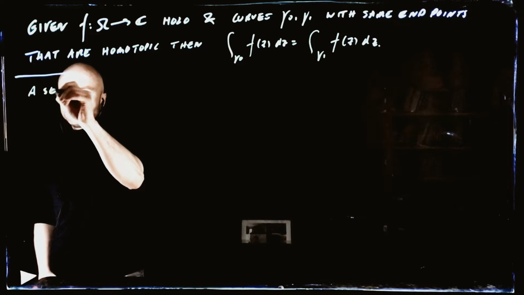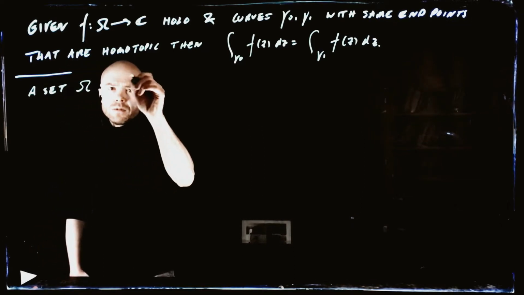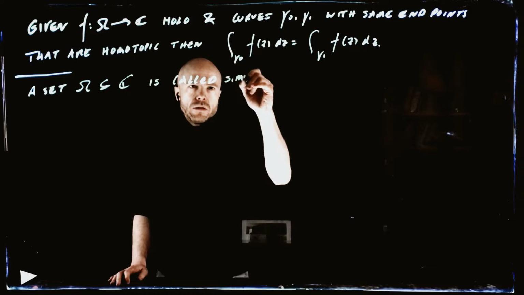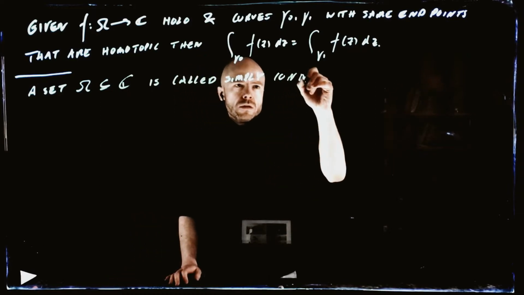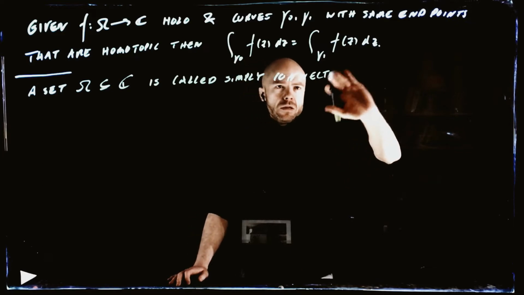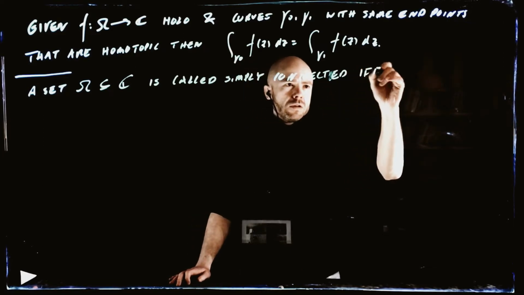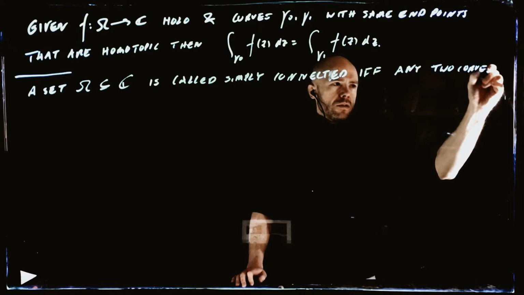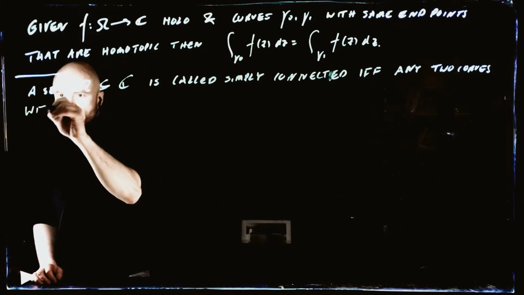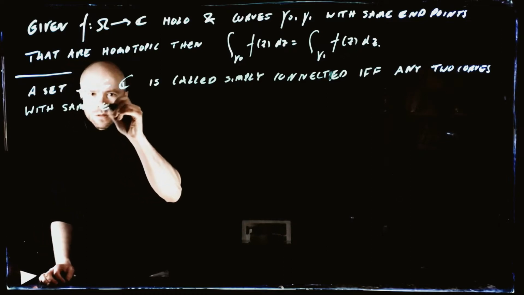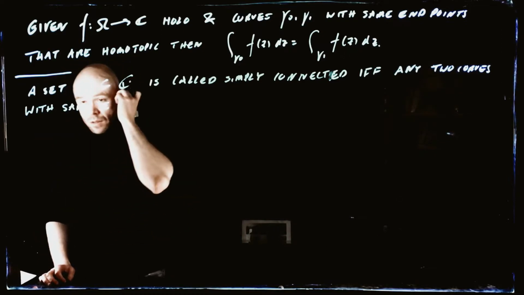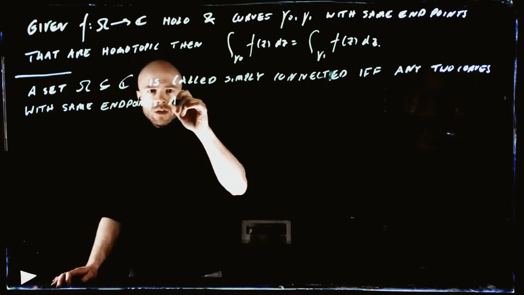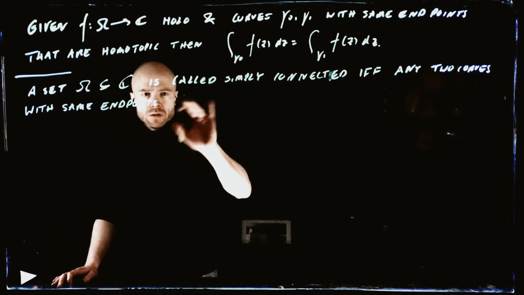So a set omega in C is called simply connected if and only if any two curves with the same endpoints that are inside omega are homotopic.